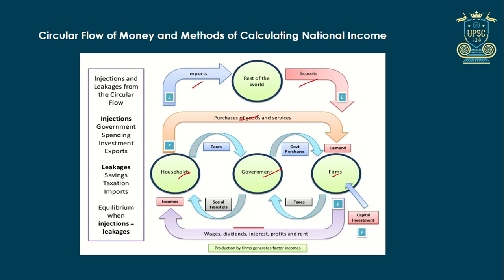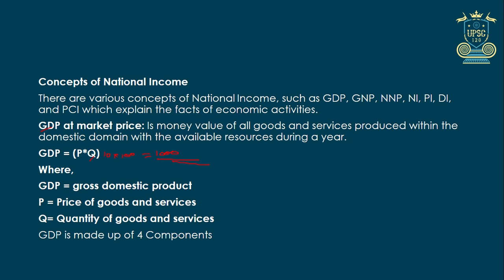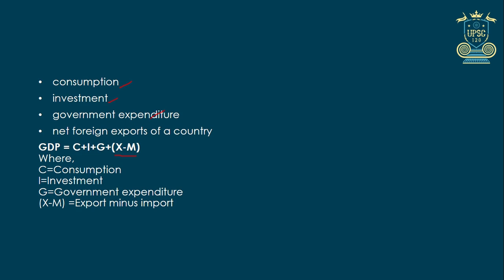So we saw that GDP is the value of the final goods and services produced within the country. So for that we need to subtract imports from exports. That is X minus M.